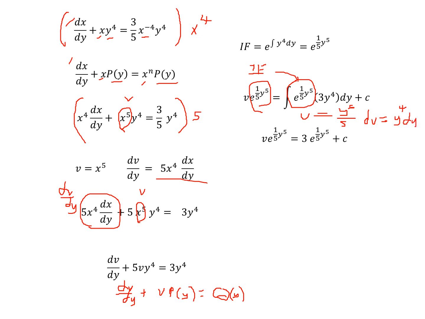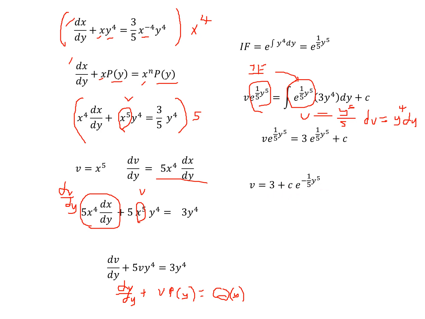So basically this is just e to the u du. Just remove the 3 there. So v e to the 1 over 5 y to the 5 equals 3e to the 1 over 5 y to the 5 plus c. Then divide both sides by e to the 1 over 5 y to the 5. You simply have 3 plus c e to the negative 1 over 5 y to the 5.